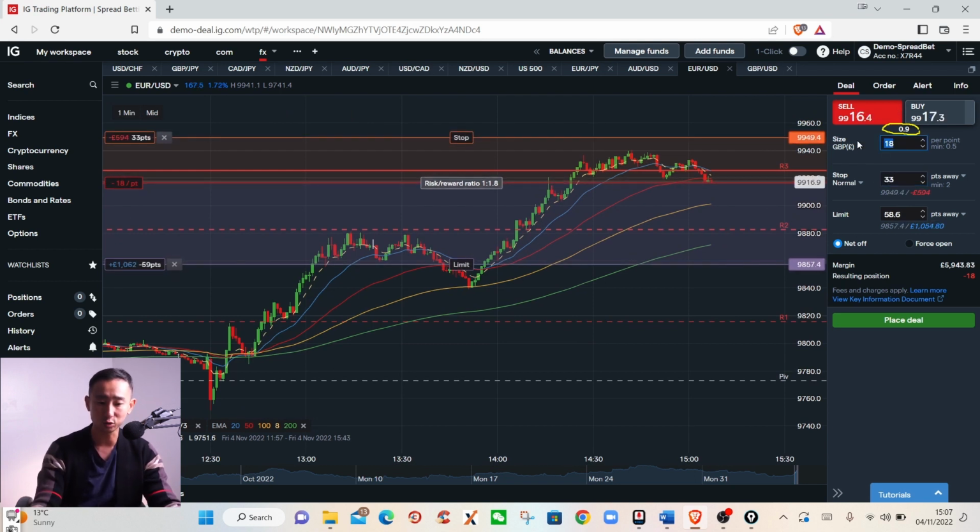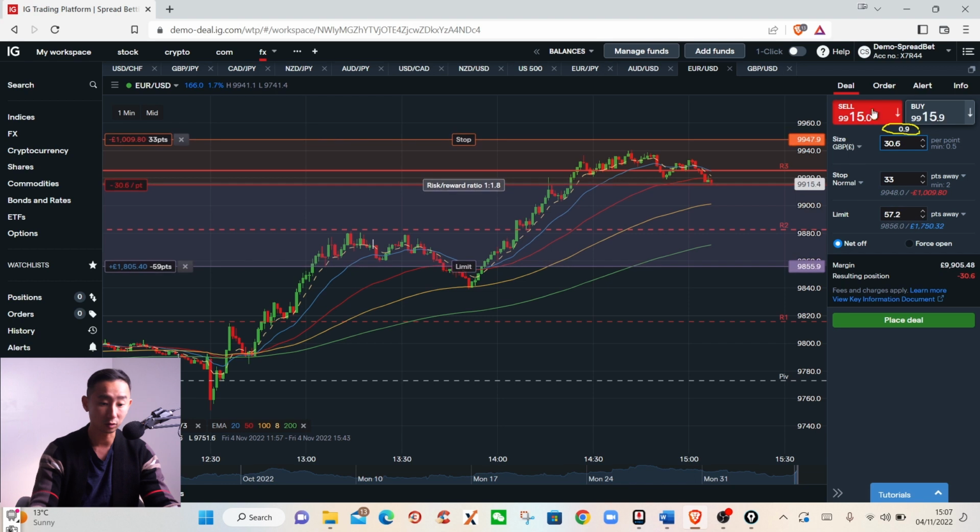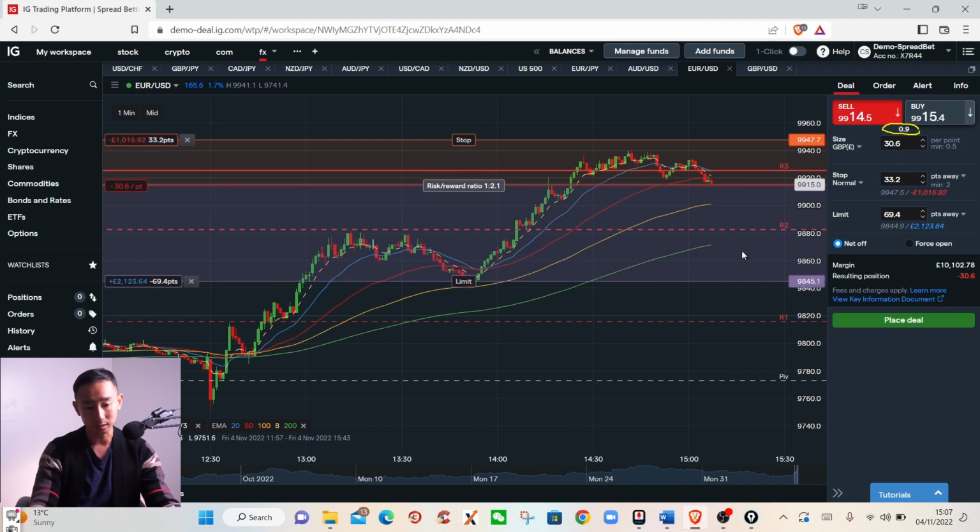And like I said, I usually bet around £1,000 on a smaller time frame trade. So which is around £30 per pip, something like that. So that's around £1,000. So now I'm happy with that. And I usually like to aim for something like a swing low. So like this, I then place my deal.